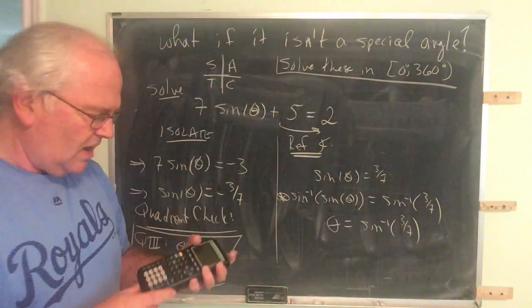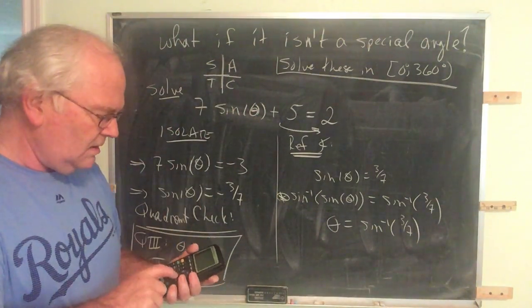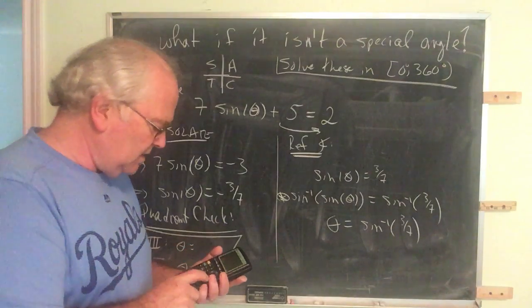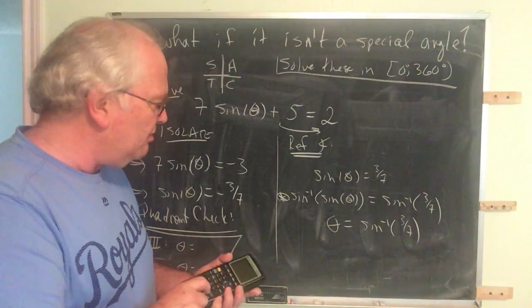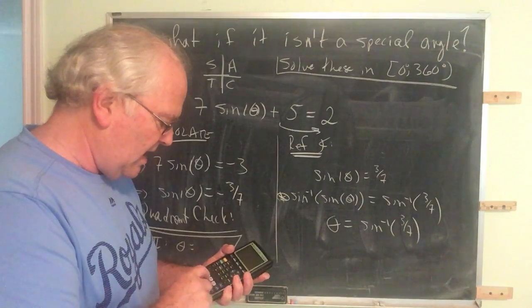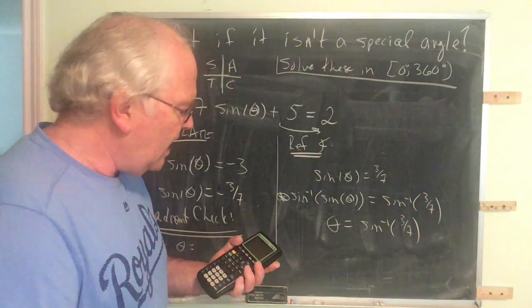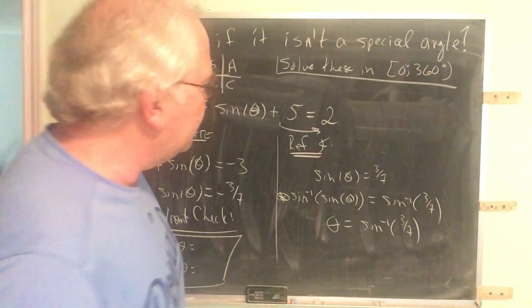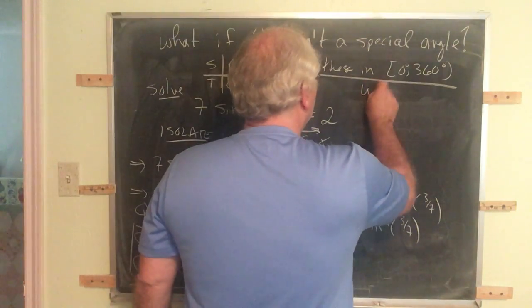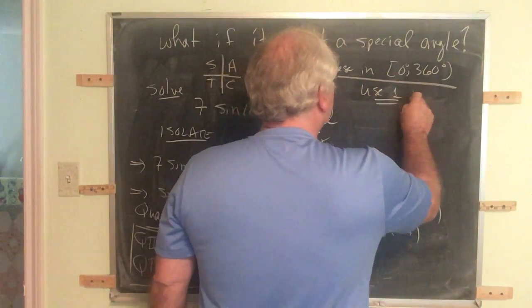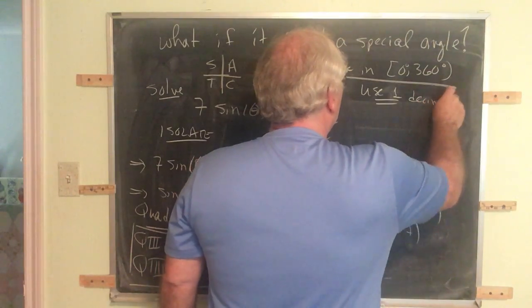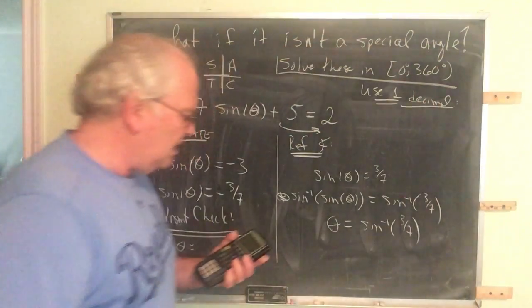And so, go to the calculator. Clear. I need sine inverse, which is second, sine inverse, open parenthesis, 3 divided by 7, close parenthesis, and equals. Let's use 1 decimal, so we're going to round this to 1 decimal place.